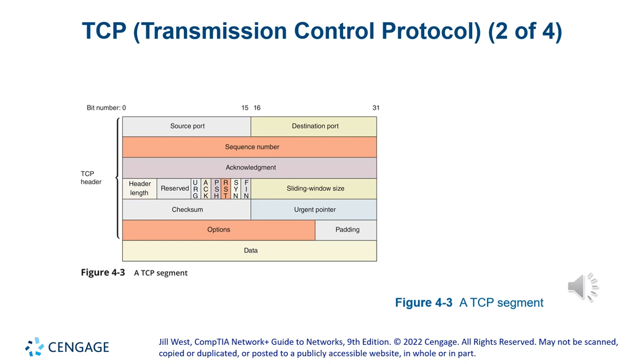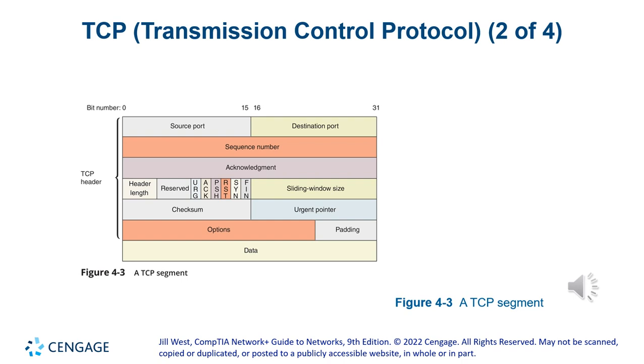If you're doing SSH, it's port 22, and so on. So it depends on what type of information you're sending or receiving. Then you'll have your source port and your destination port, which are part of your header, right? Your sequence number. Then you have your acknowledgement, which is a number that says, okay, I received your number, so let me acknowledge with this other number.